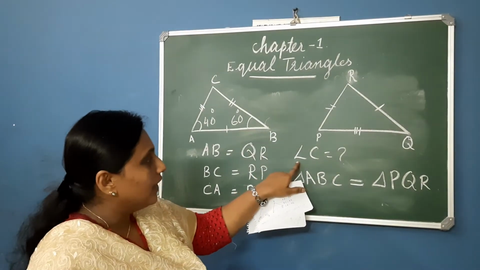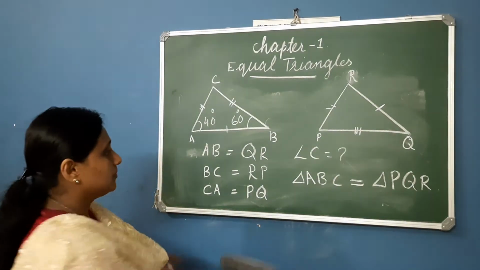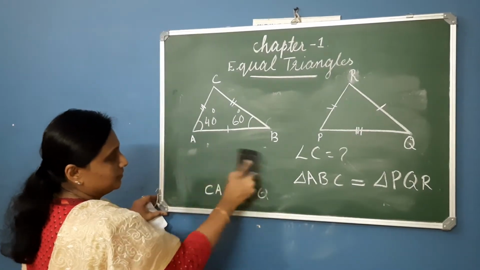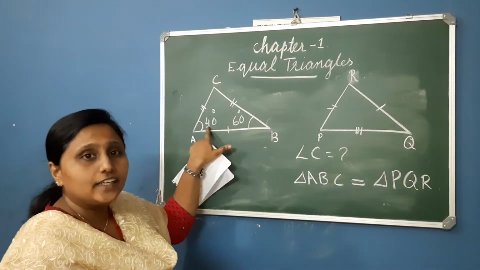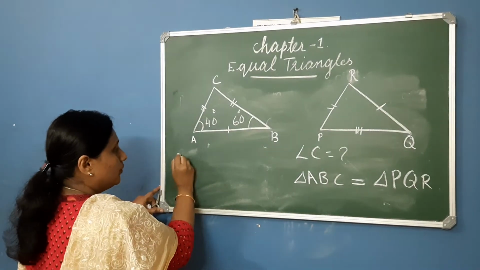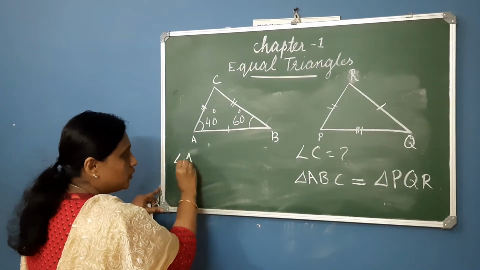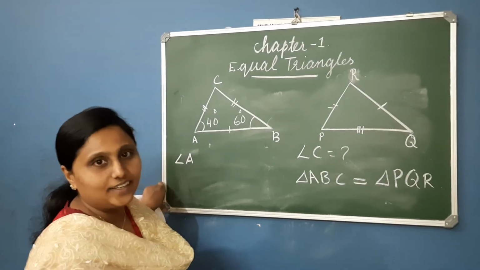Then we have to find angle C. How can we find angle C? Given that angle A equal to 40 degree and angle B equal to 60 degree. We already know the total angle in a triangle is equal to 180 degree.